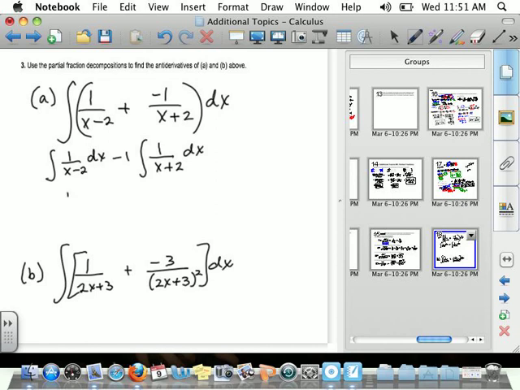So it's like you're saying u is equal to x minus 2. So you're integrating 1 over u, which is what? Natural log. So you'd have natural log of the absolute value of x minus 2, minus ln of, this will be the same kind of thing, and then plus C. That's it.